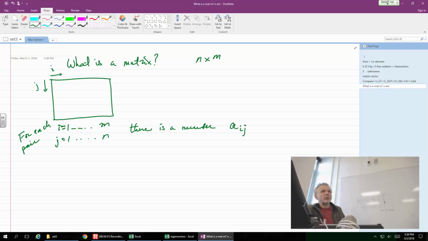Have you seen sequences in calculus? That's the same thing, except we have two indices. A sequence goes on one way linearly, and this one is two-dimensional.